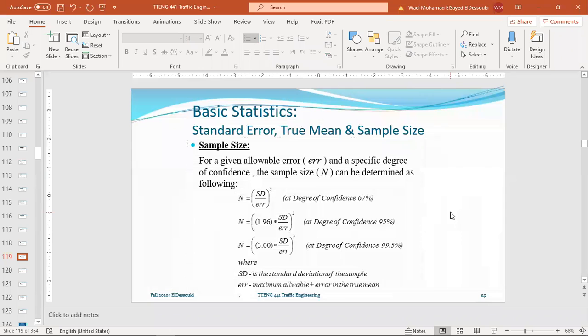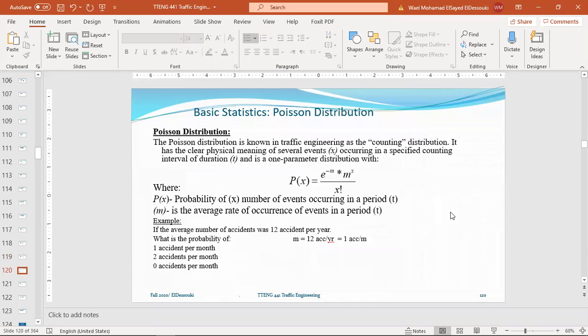Okay, now we are done with the sample size and how we are deciding on the sample size. Now we go to another key element, which is the Poisson distribution. We discussed before the normal distribution and how we are using it in the distribution of the error in the samples. Now the Poisson distribution, that's a key distribution that we use in traffic engineering.